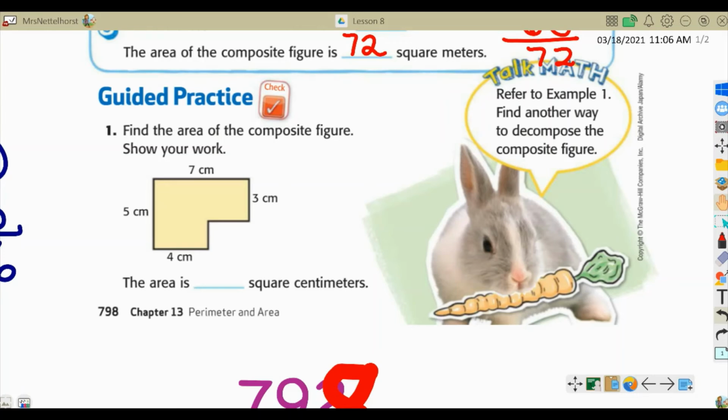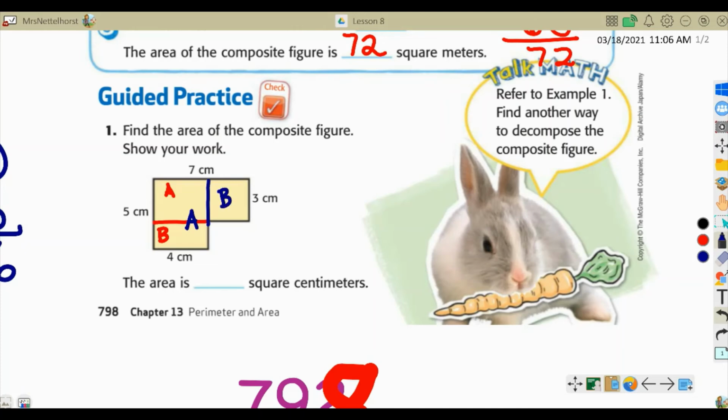Okay, there are 2 places that you can decompose this, and I'm going to color code them. So you can decompose it this way so that you have rectangle A here and rectangle B here. Or you can decompose it here, which gives you rectangle A on this side and rectangle B on this side.